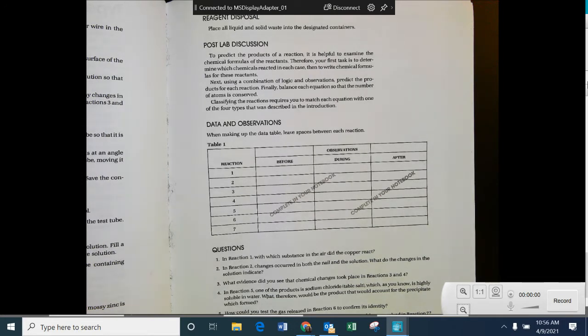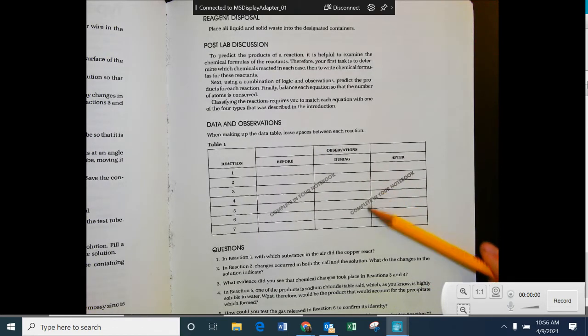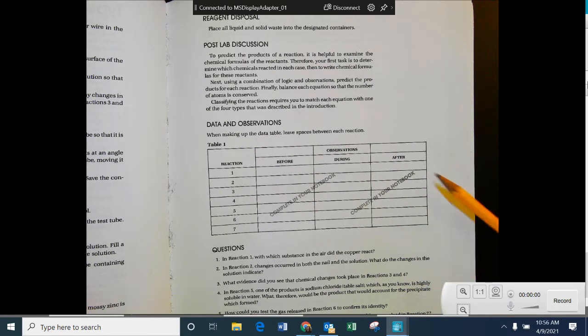Okay, so mostly what does it look like? So lots of nice observations. If it's blue, use words like light blue or dark blue. So just be as descriptive as you can. What's happening during it, and what do you see after the reaction?